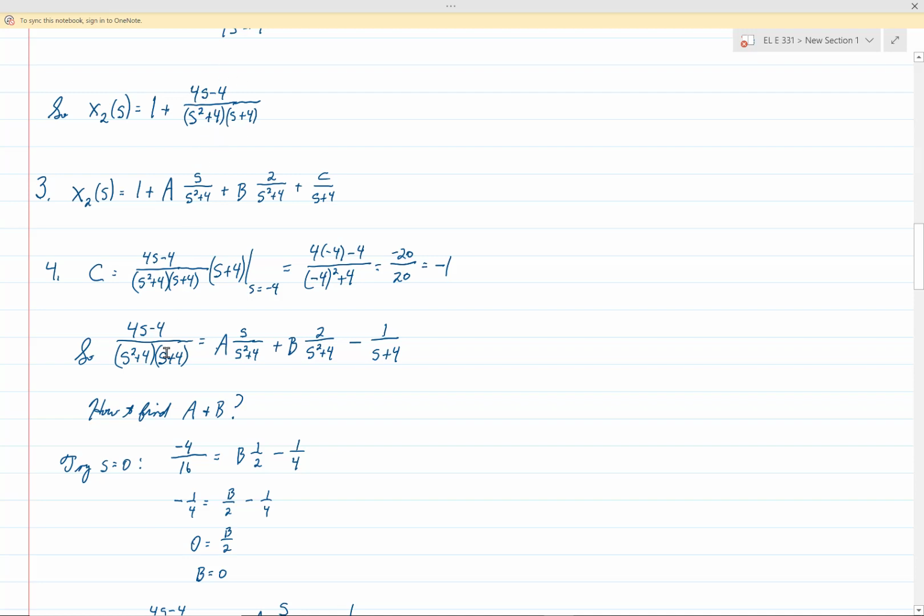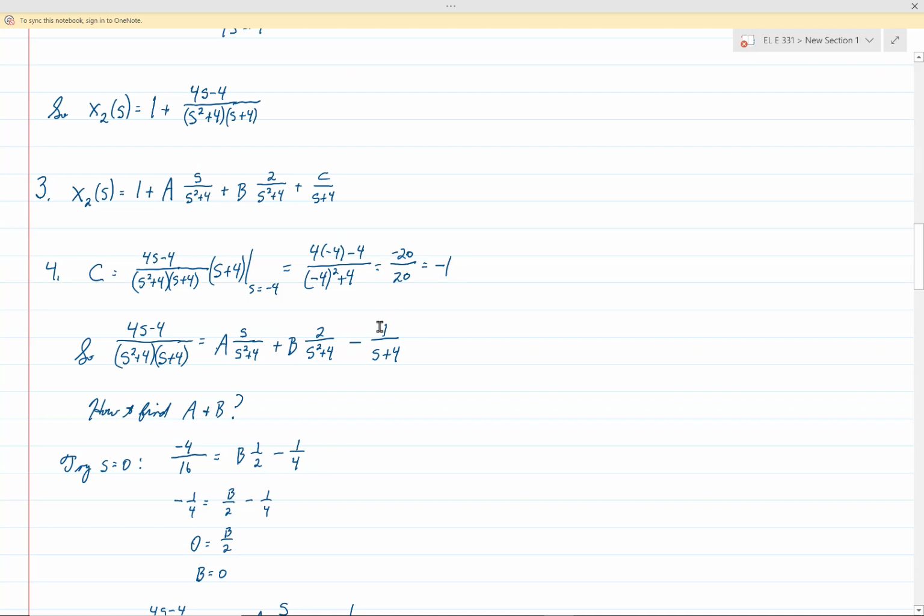So this is equal to, we have solved for c, but we're still looking for a and b. So it's equal to these three terms here. This one just represents that 1, so I'm not worrying about that. We have a times s over s squared plus 4 plus b times 2 over s squared plus 4 plus c over s plus 4. And we found that c is equal to -1, so that's why I have that.